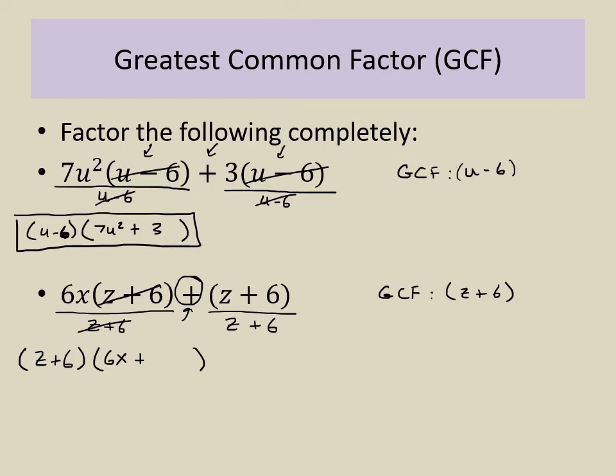Anything divided by itself is 1. It's not 0, it's not blank, it's 1. So z plus 6 divided by itself is 1. So we have a plus 1, and this one is very important, and it's one of the most common mistakes on the tests. Hopefully everybody understands where that comes from and why.